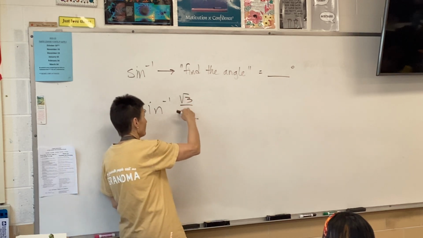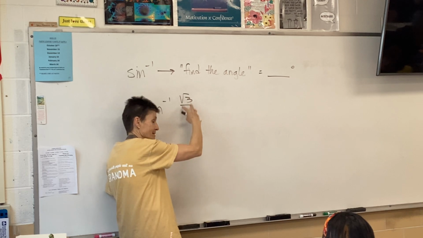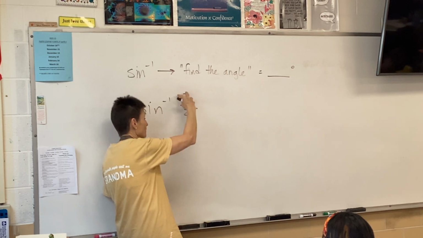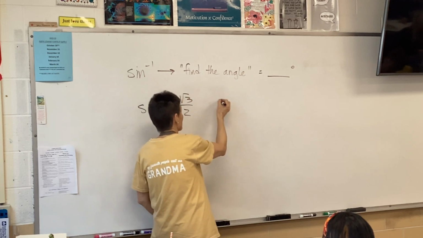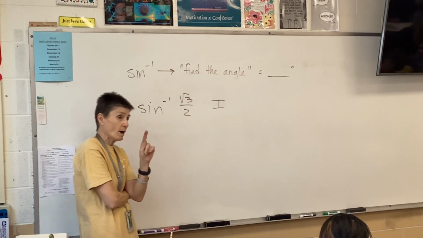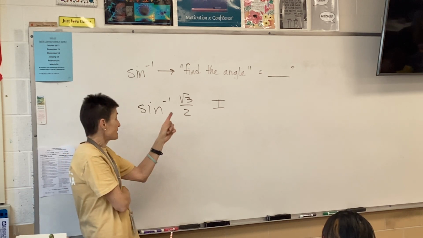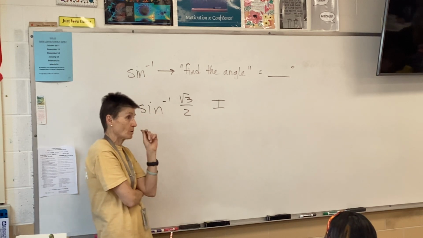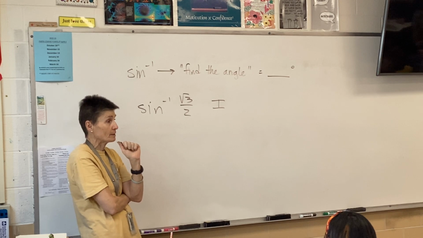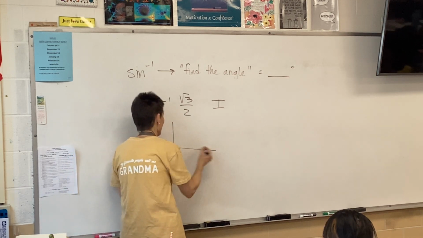When the number right here is positive, find the angle whose sine is positive, and whether it's a cosine or a tangent doesn't matter, you're going to draw your picture only in quadrant 1. You're only going to get one answer to all of these problems. If it's negative, there are some rules that you'll want to write down and learn. But as long as it's positive, we're going to draw a picture in quadrant 1.